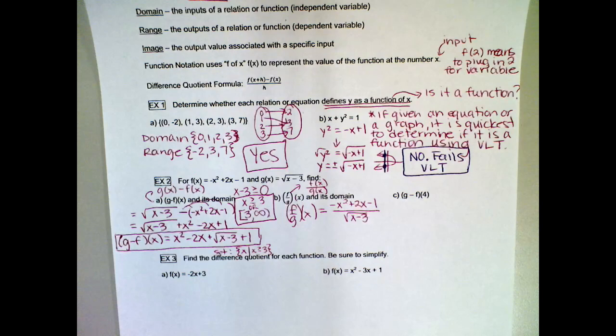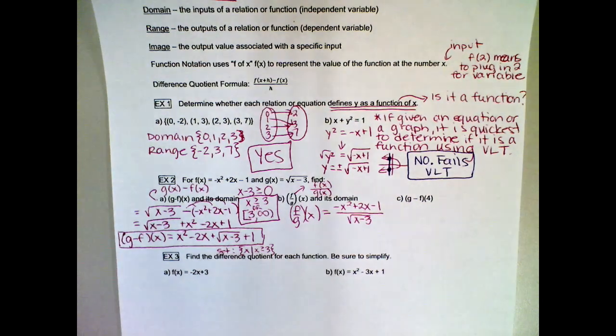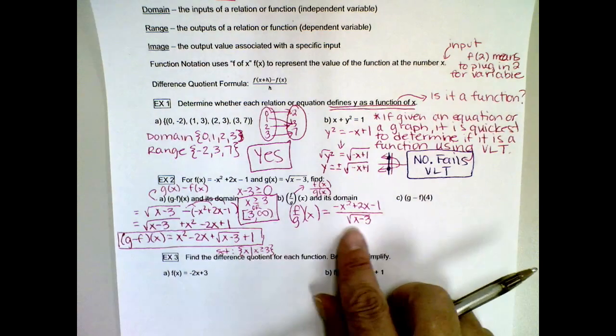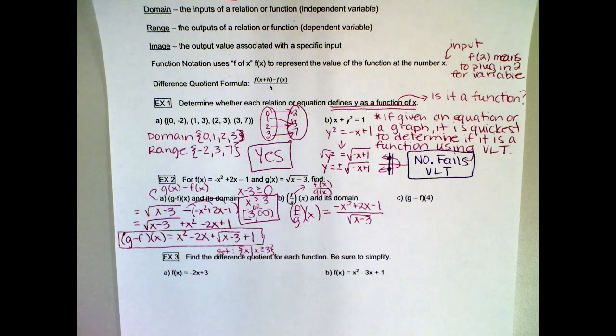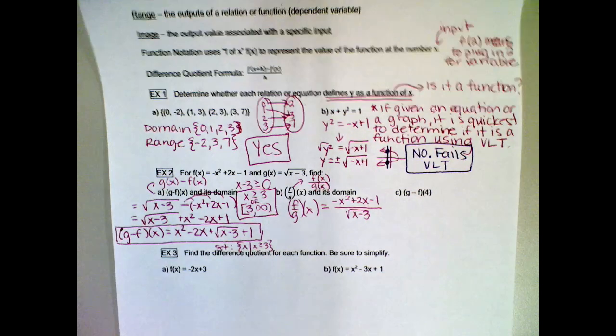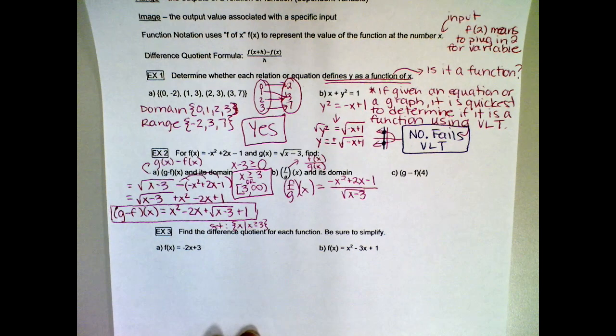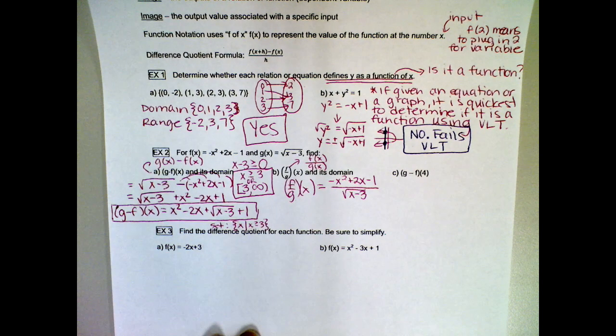You do not need to rationalize when there are variables under the radical. If that was square root of 5, yes, we would rationalize the denominator. But when it's variables, it really doesn't help us a whole lot, so you are allowed to leave them like that.